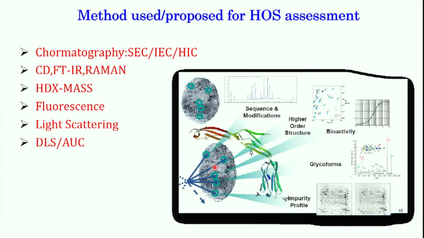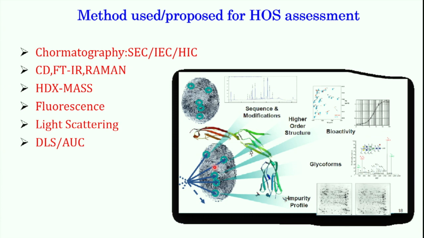Now, higher order structure is the topic of the talk today. Higher order structural characterization can be done by various chromatographic techniques or low resolution structural techniques. For chromatographic techniques, for getting the correct molecular weight, you can do SEC, size exclusion chromatography, HIC, hydrophobic interaction chromatography, and ion exchange chromatography. All of these can ensure that your two products are the same in elution profile.